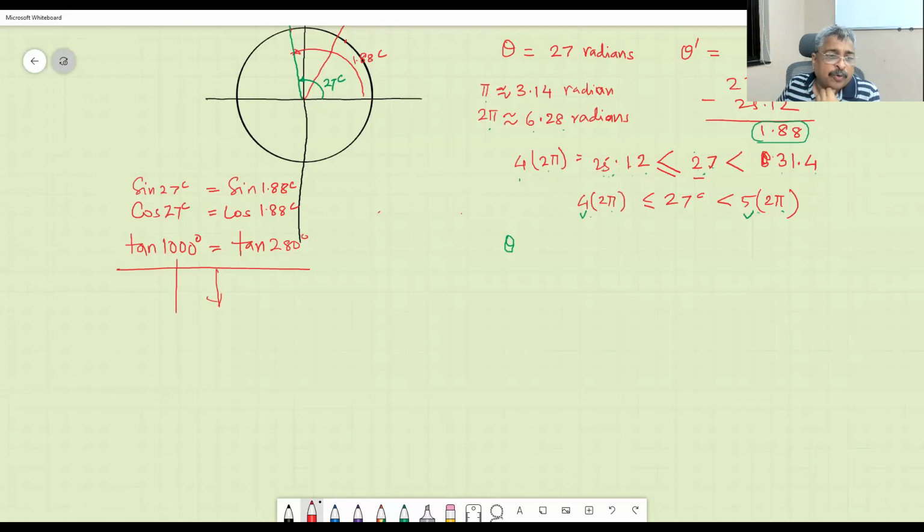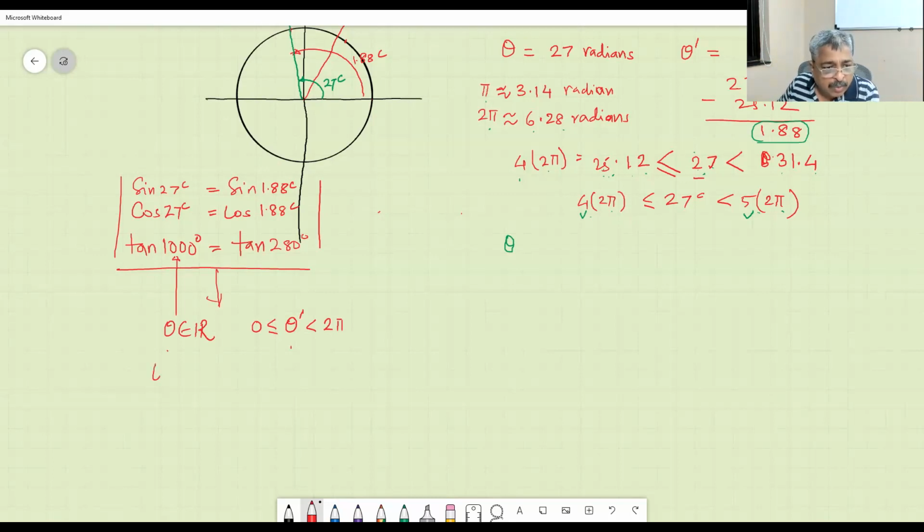If you find out, for any corresponding angle theta belonging to R, the value of theta dash between 0 to 2 pi, all 6 trigonometric ratios for theta and all 6 trigonometric ratios for theta dash will behave well. Very good. But how are you sure about this?